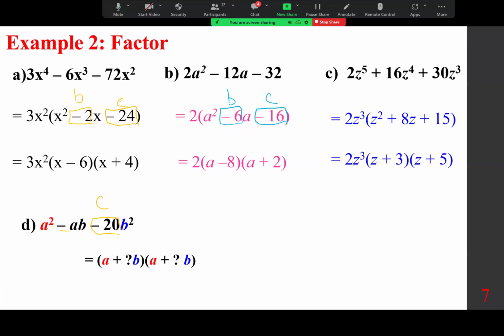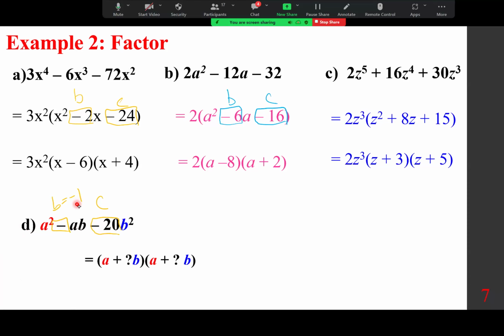Meaning c is negative 20, b is negative 1. We want two numbers. The product is negative 20. The sum is negative 1.